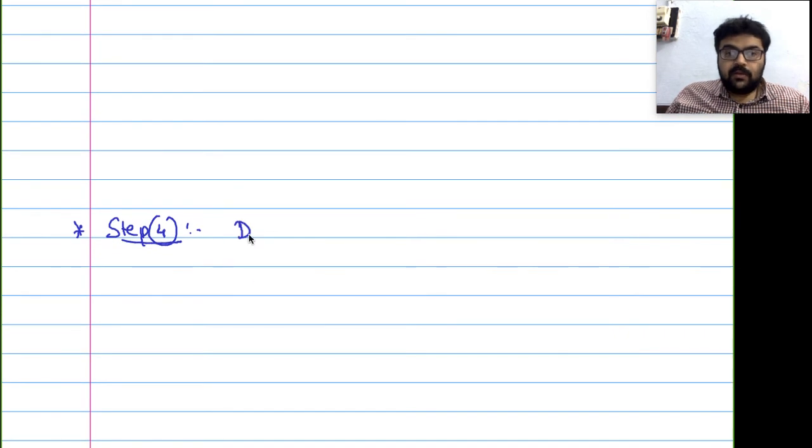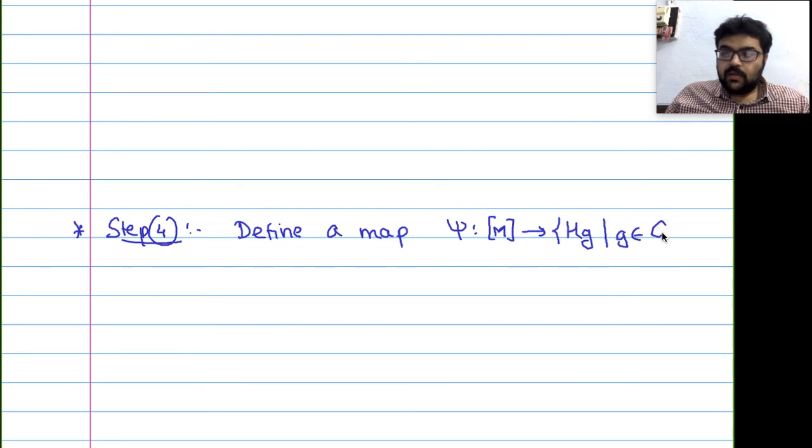So define a map psi from the equivalence class M to the right cosets Hg, such that g is in G. How do we define it?